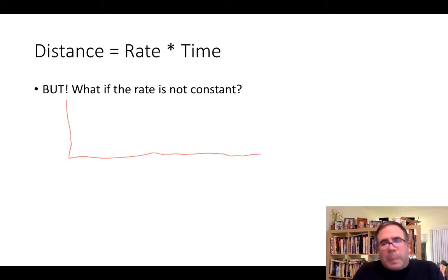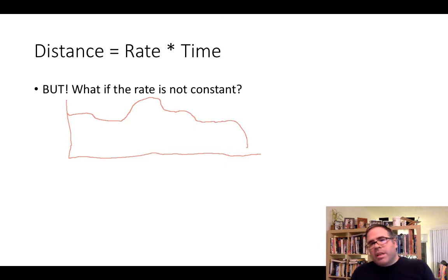Even on the highway, you might have to slow down for a period, and then maybe you get a little bit too fast, and then you bring it back down, and you bring it down some more for some reason, and then you get off the highway, right? And so we're questioning, okay, if all we know is the speed and the time, we know something about this changing speed, how do you figure out the distance then?